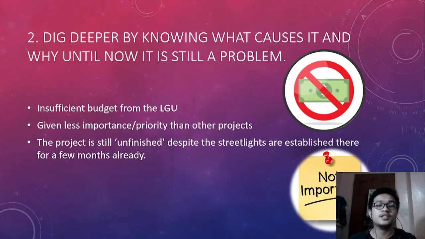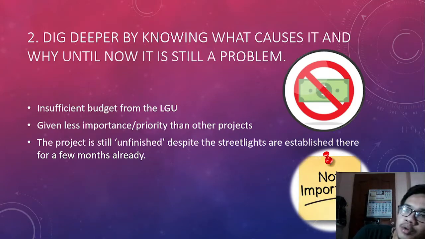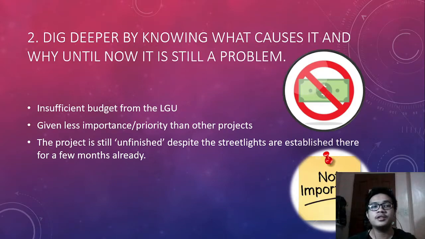So it's given less importance and priority than other projects. And the project is still unfinished despite the streetlights being established there for a few months already. I don't know exactly the date, but it was still around last year. And now, in February, it's still not working. So it poses many problems for our residents here.